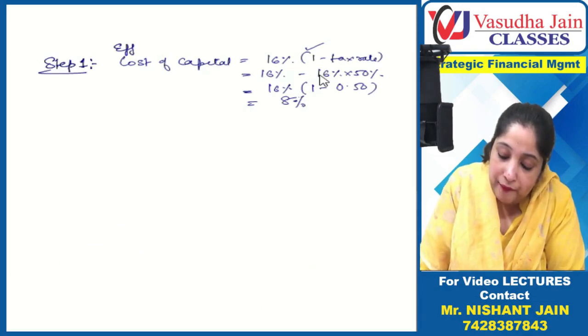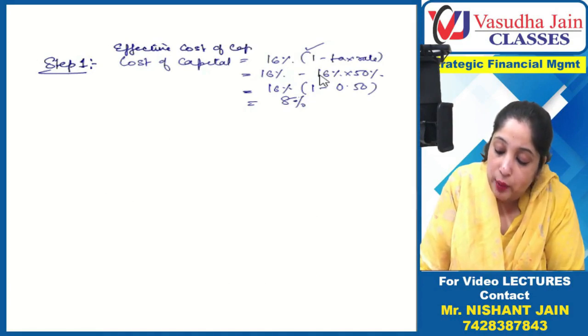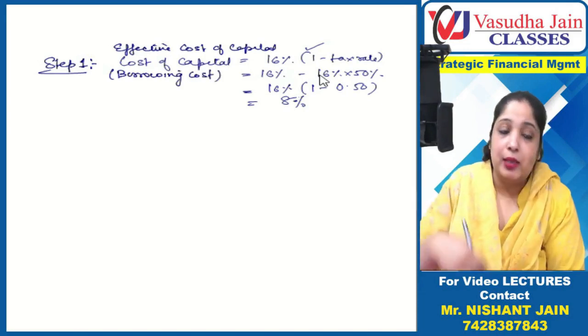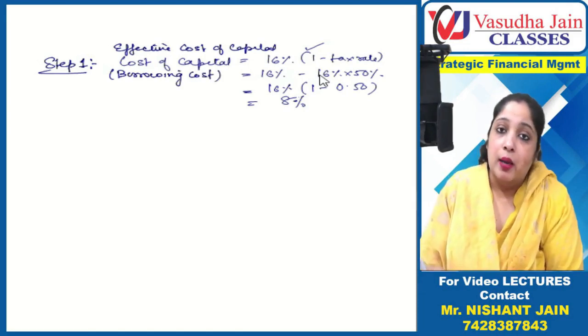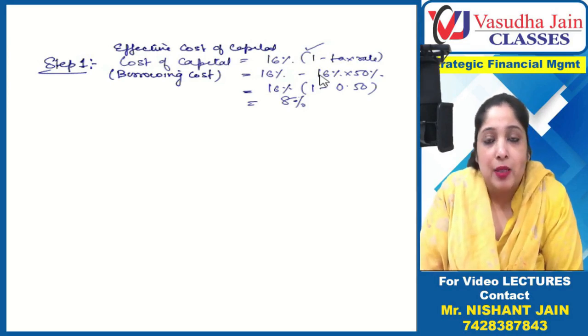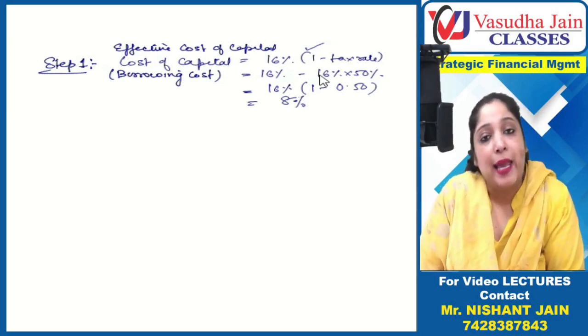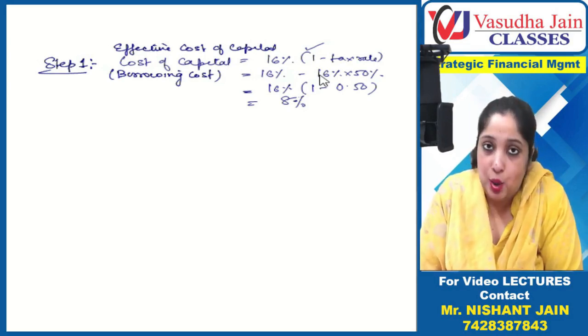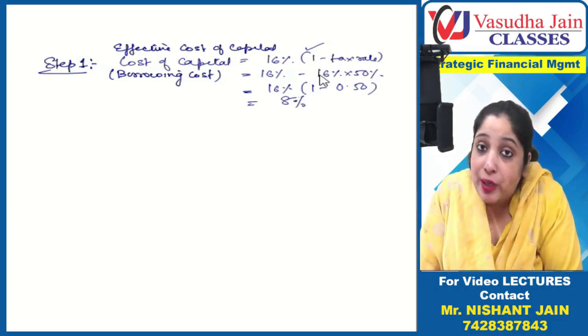What did I compute? The effective cost of capital. We have been given the borrowing cost of 16%, but that is not the effective cost. We have raised money at 16%, but effectively we are just paying 8% because of the tax saving. You will not forget this.